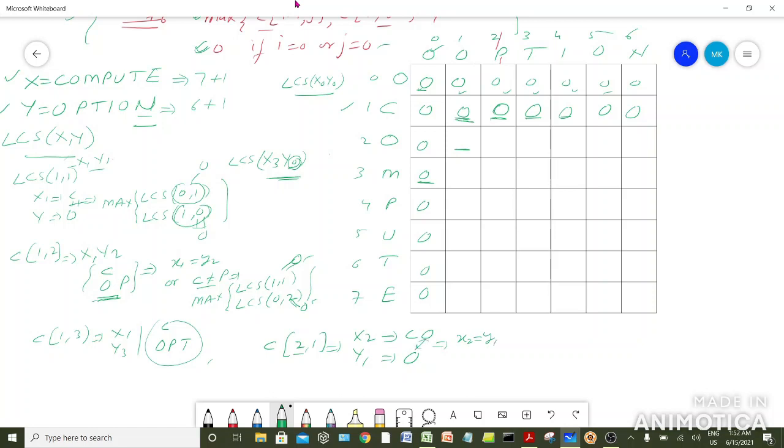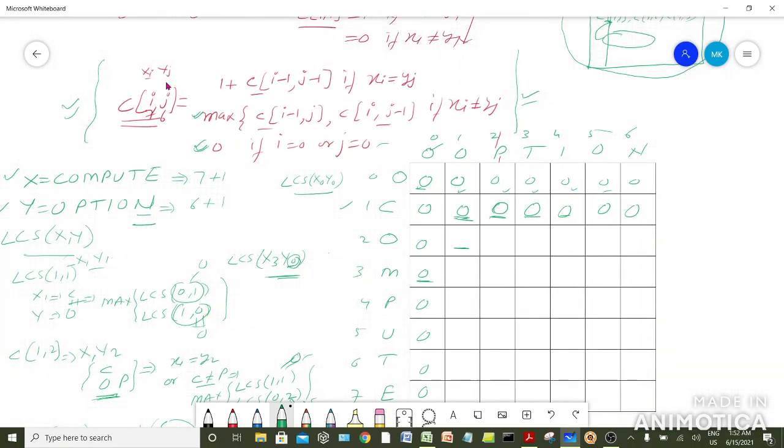So O is equal to O. It means the first condition of this recursive definition will be followed, when there is equality between x of i and y of j.